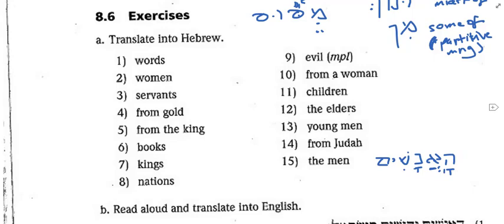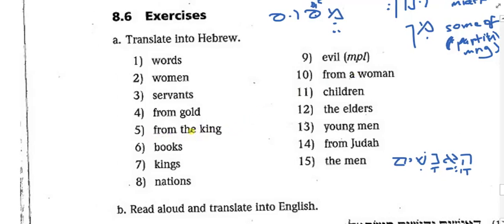Other questions? Let's look at number 5. So we have from the king. We'll slide that over just a little bit. So how do you say king? Melech. Good. What kind of a noun is that when I have two segols and an accent on the first syllable? A segolate noun.